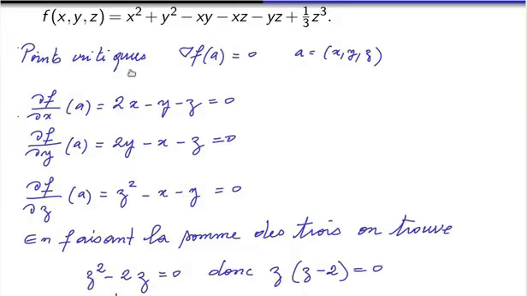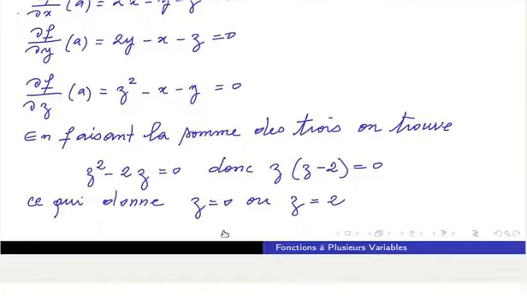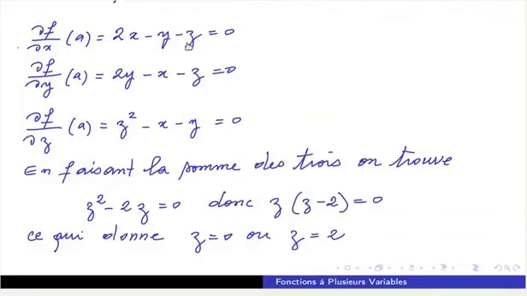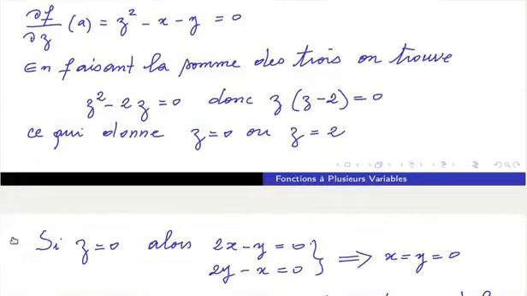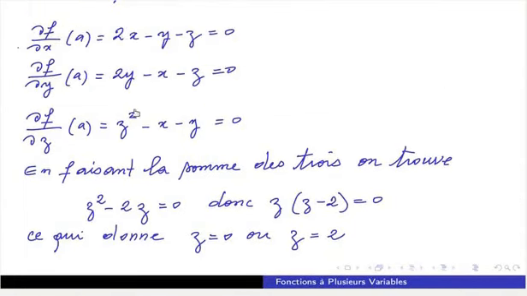So if we add the three equations, x disappears, y disappears, and there remains an equation where only z appears, which is z squared minus 2z, which we put in the form z times z minus 2, which gives us z equals 0 or z equals 2. For z equals 0, the third equation will be verified since the sum of the three equations is 0.